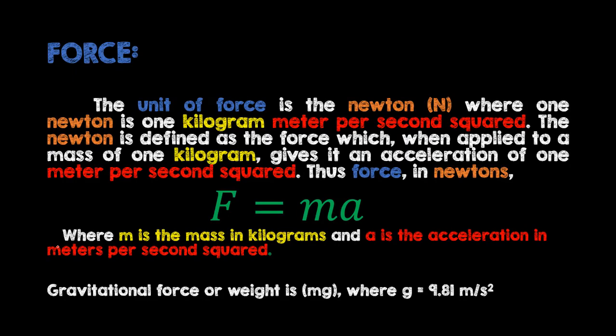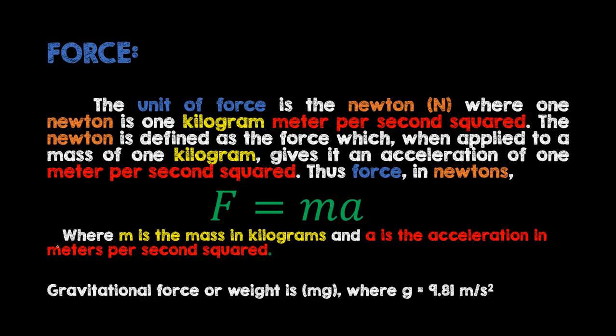So let's proceed in the second topic. Force. The unit of force is the Newton. Again, Newton, where 1 Newton is 1 kilogram meter per second squared. The Newton is defined as the force which, when applied to a mass of 1 kilogram, gives it an acceleration of 1 meter per second squared.